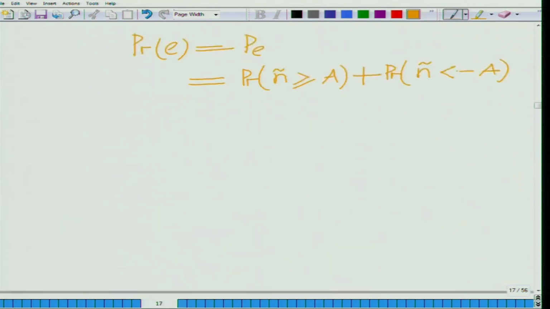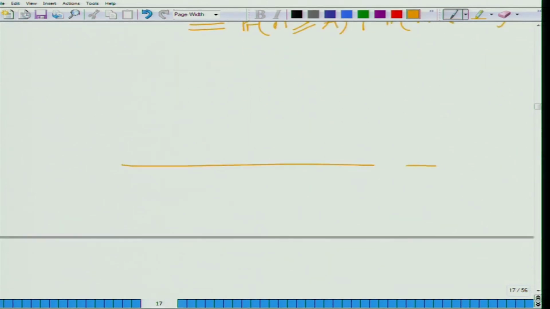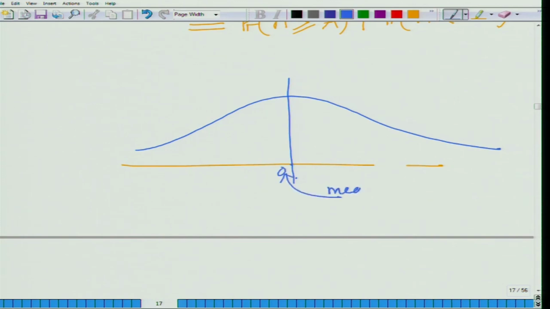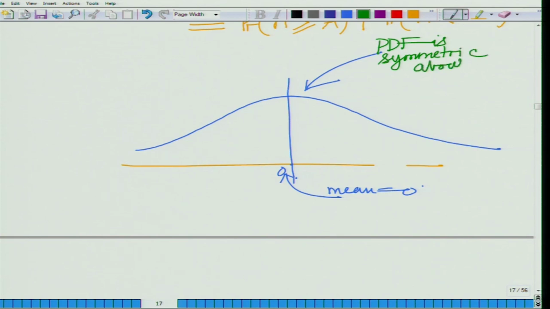Now, n tilde is a Gaussian, correct? N tilde is a Gaussian with mean 0, which means it has a symmetric PDF about 0. The Gaussian PDF is symmetric about the mean, which is 0.